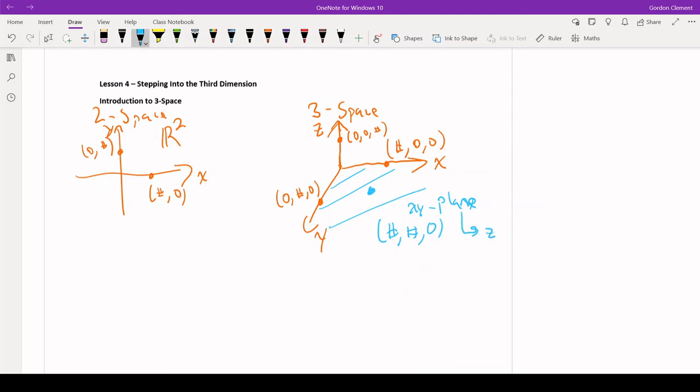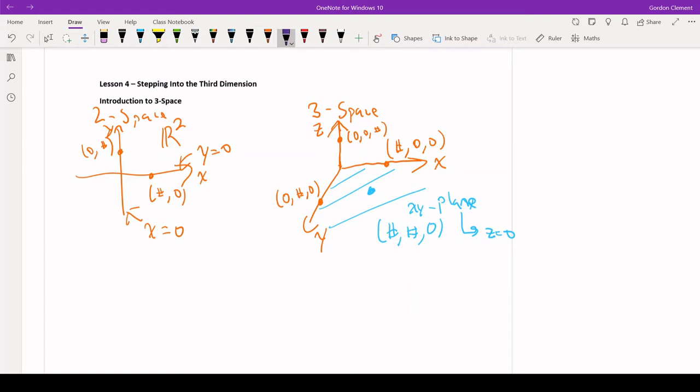So in fact, the equation for that plane is z equals 0. Just like in 2D, the equation of the x-axis is y equals 0, and the equation of the y-axis is x equals 0. Well, in 3D, if you have z equals 0, it doesn't mean that you're a line, it means you're on the xy plane. And going back to the room example, where you're looking at these 3 axes as the bottom corner of your room, the XY plane would be the floor.